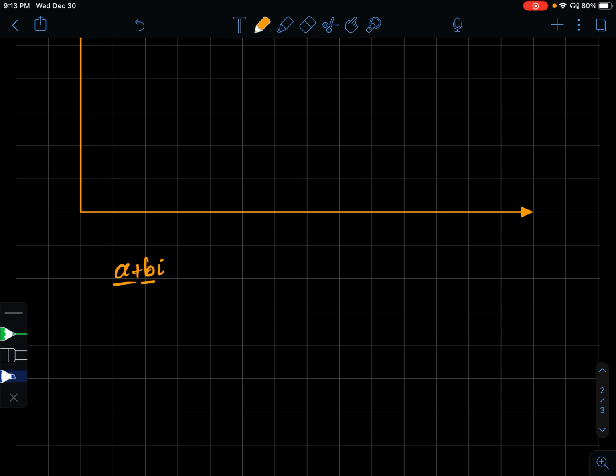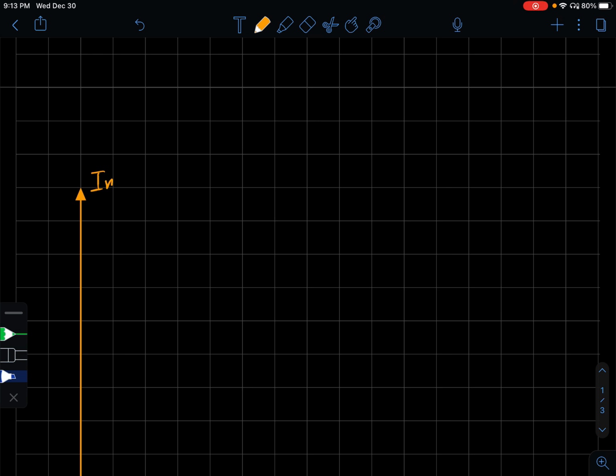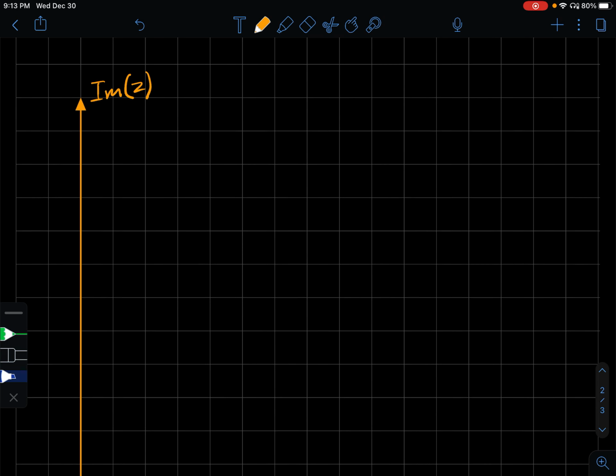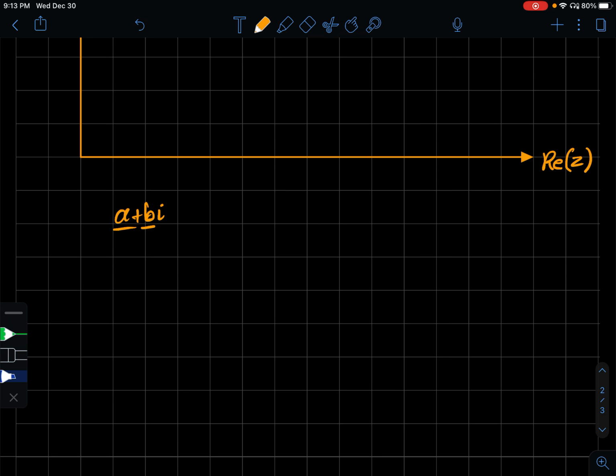So the axes will be the real and the imaginary part. So it's denoted by Re(z) and Im(z). In this case, Re stands for real and Im for imaginary, and the z denotes a complex number. So these are the two axes. And let's just assume they're scaled by 1 here.